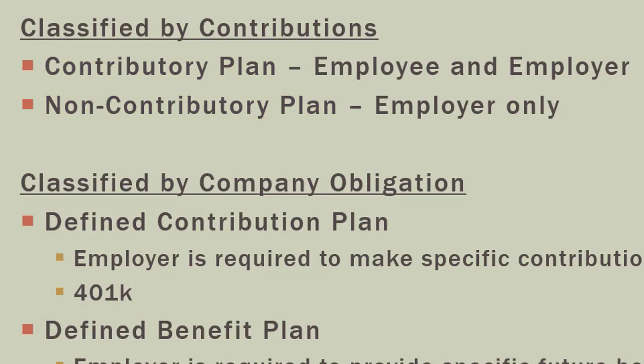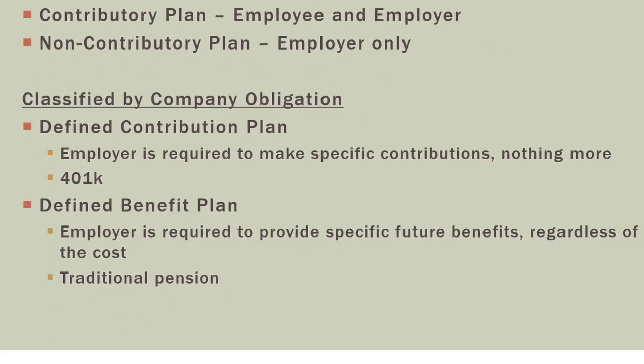The next way that we can break up our pensions is by the company's obligation. Most of us, as we get into the workforce, will get what we call a defined contribution plan. This is the traditional 401k. The employer commits to save for you, and that's all the employer commits to. So your new employer is not going to promise that you'll have $500 a month for the rest of your life after you retire.